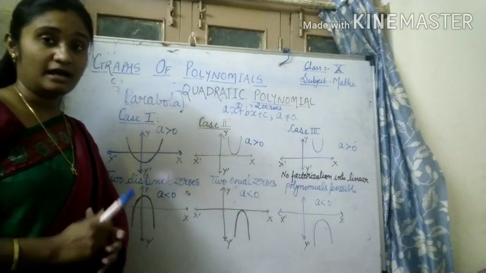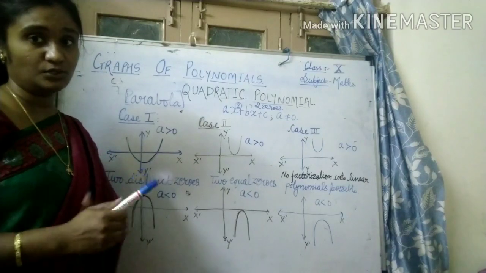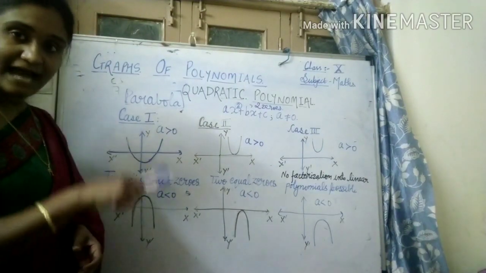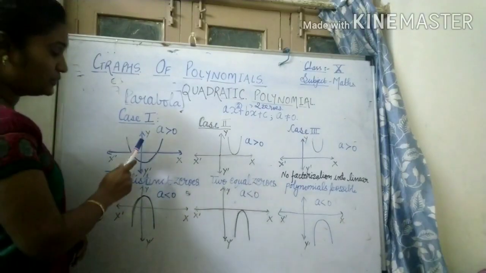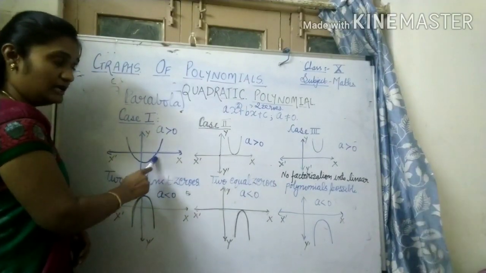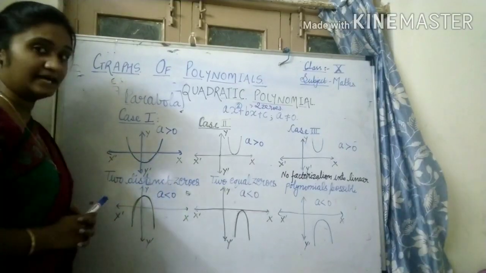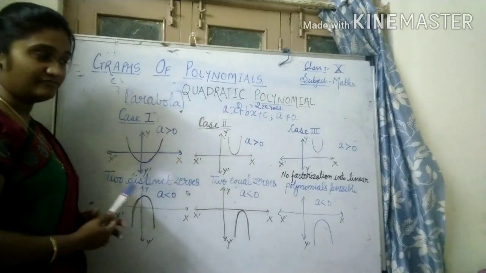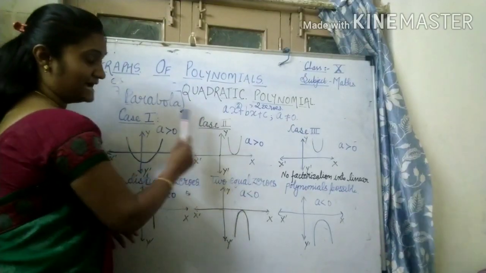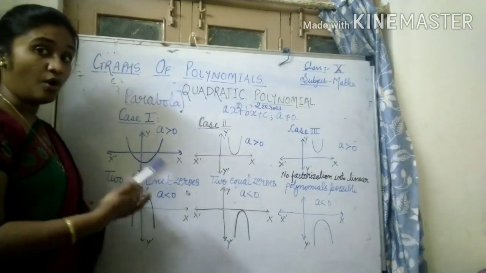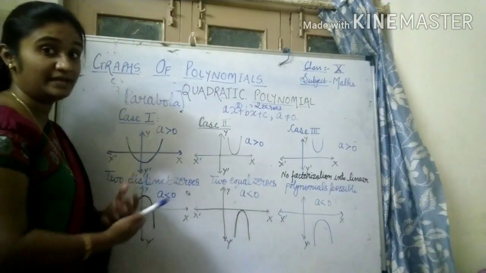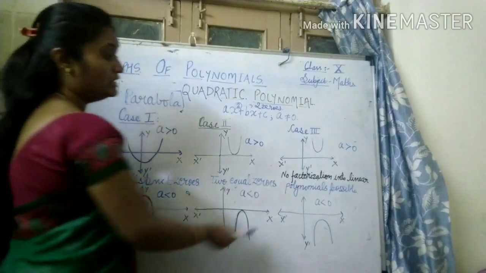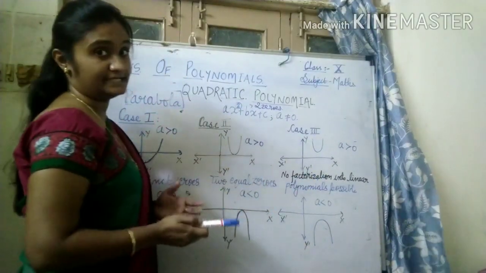So here, according to the 2 factors you have got, according to the zeros you have got, that is going to decide whether you are going to have a parabola which intersects the x-axis at 2 distinct points, a parabola which intersects the x-axis at exactly 1 point, or the third, extreme case, where the parabolic curve will not meet or intersect the x-axis at all.